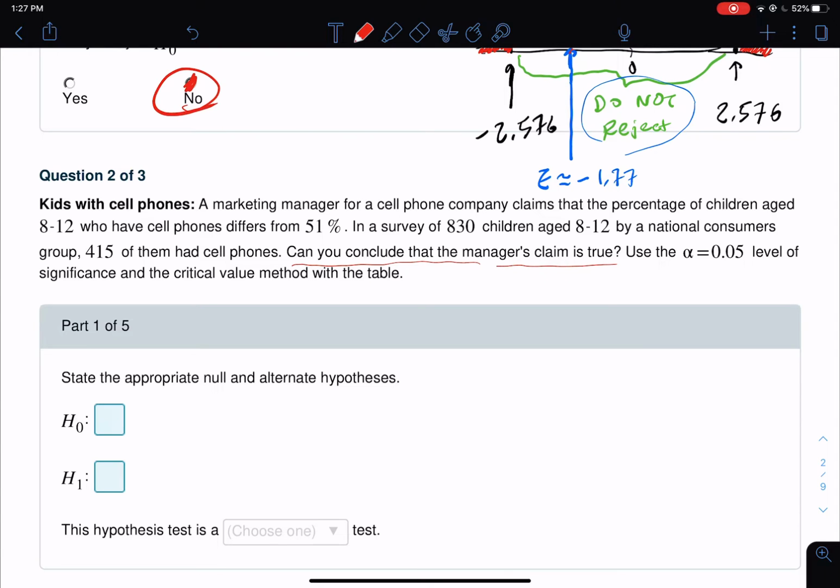It doesn't say greater than, it doesn't say less than, it says differ. So their claim here would be that it differs from 51.